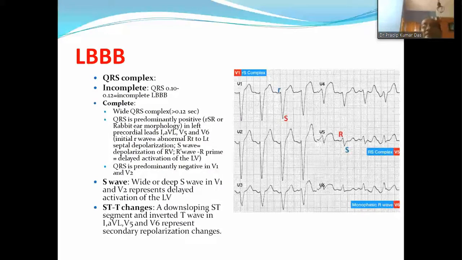So just the opposite of RBBB, the complexes will be reversed in LBBB, and the rabbit-ear morphology is seen in the predominant left-sided precordial leads: lead 1, aVL, V5 and V6.